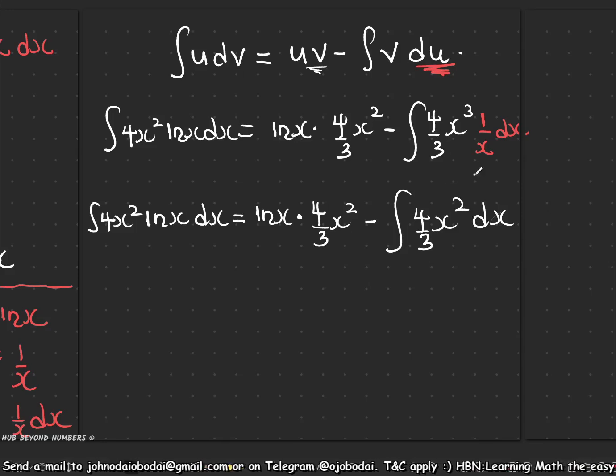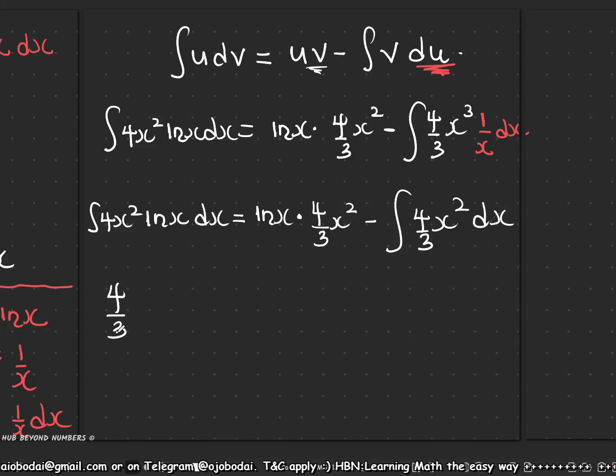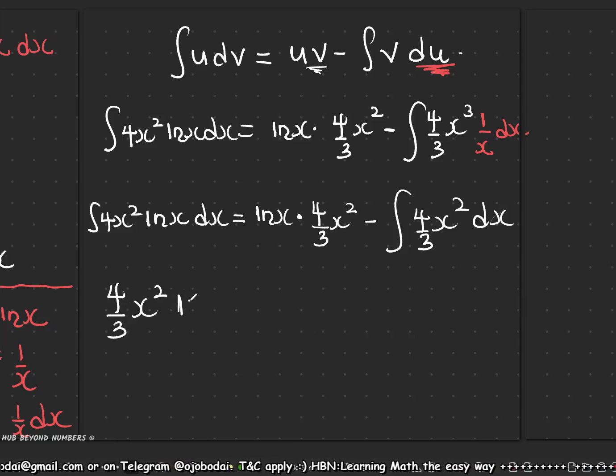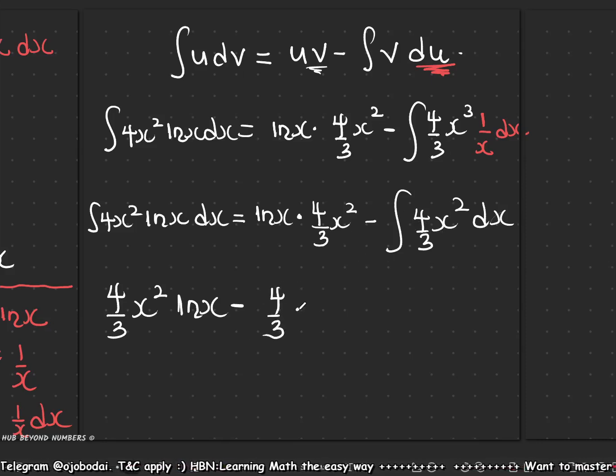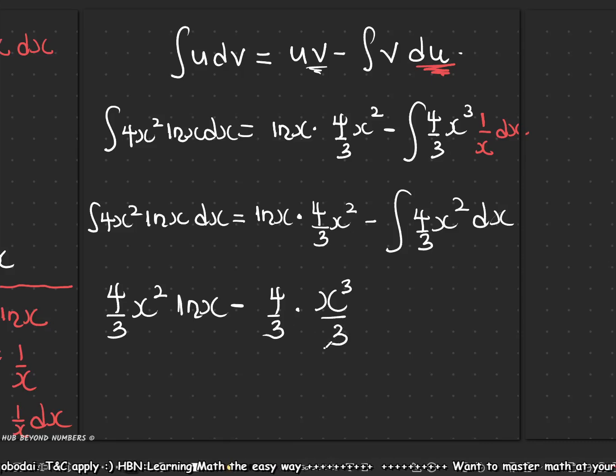So this is now what we want to integrate. Let me rewrite it as 4 over 3 x cubed ln x minus the integral of this. The 4 over 3 is a constant, times x squared, its power increases by 1, it becomes 3, then all over 3.